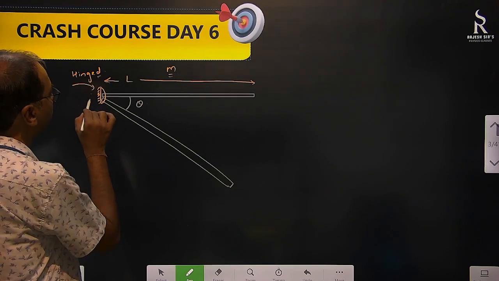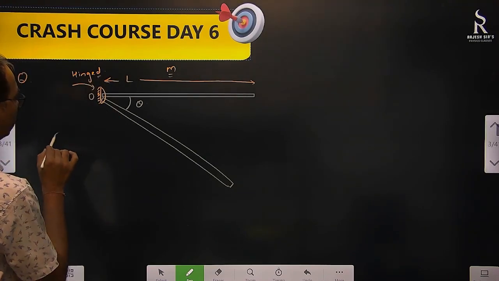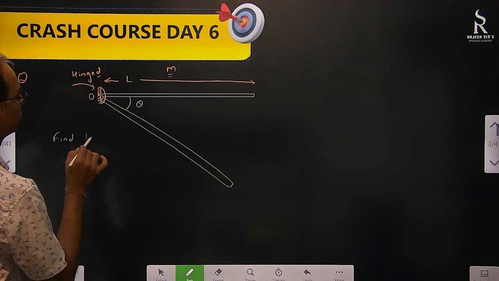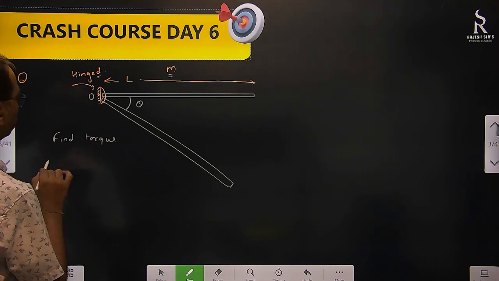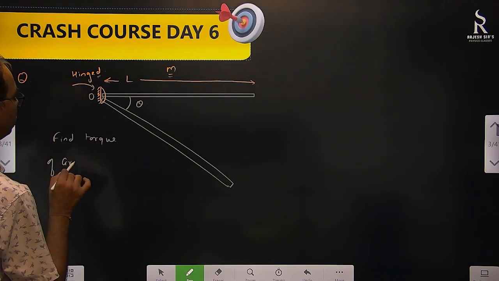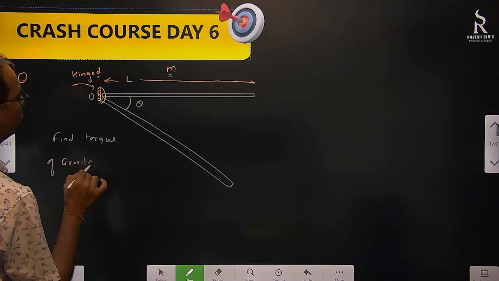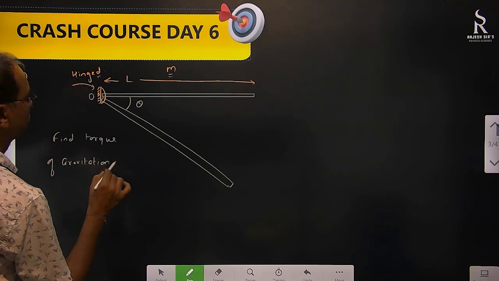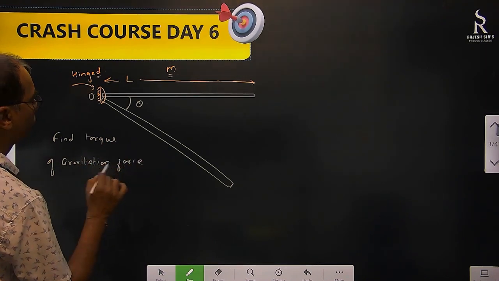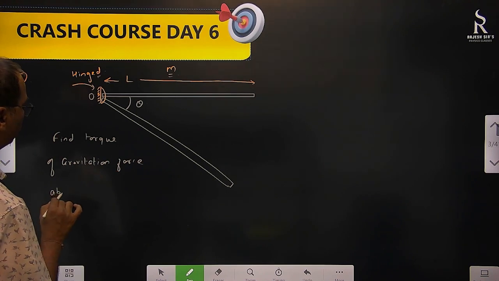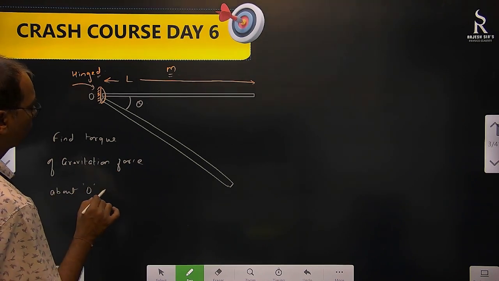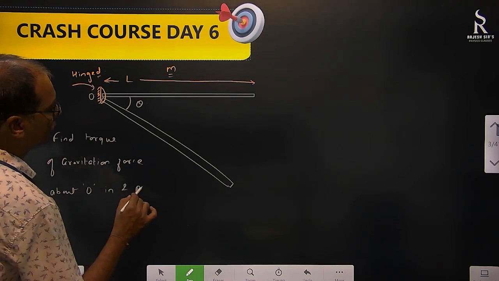The hinge point is O. Find the torque of the gravitational force about O in two positions of the rod.